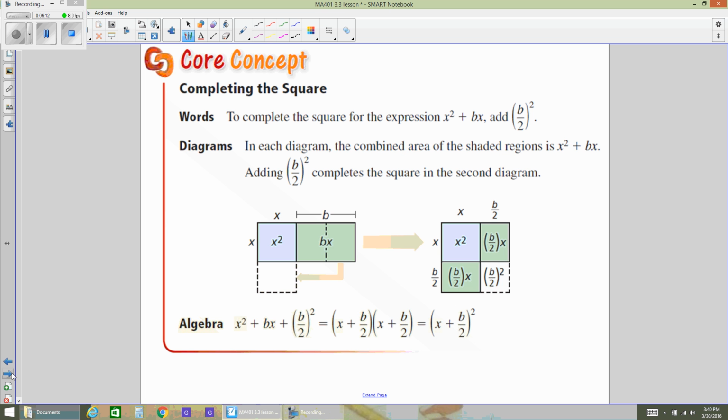Now they have this nice diagram here, and basically what they've done is they've taken this b value, they broke it into 2, they brought this rectangle down here, as you can see from this picture over here, and it leaves this missing hole here, which is equivalent to half of b squared. Okay, the algebra is x squared plus bx plus half of b squared is equal to, and then they have factored it for us, and this might be a little confusing, so let's just do it.